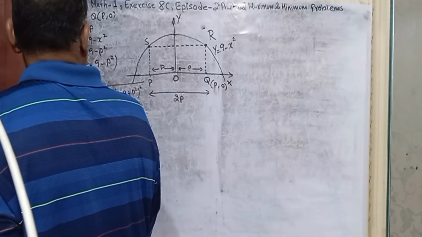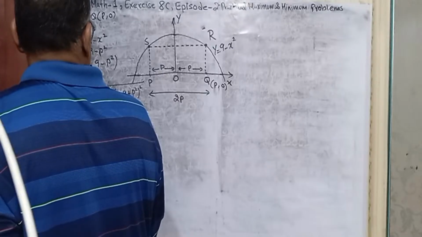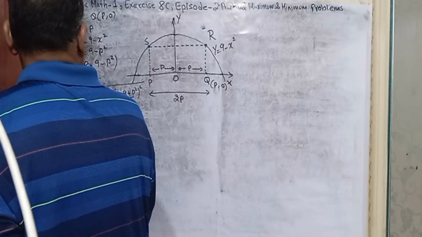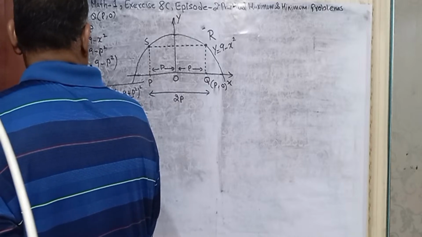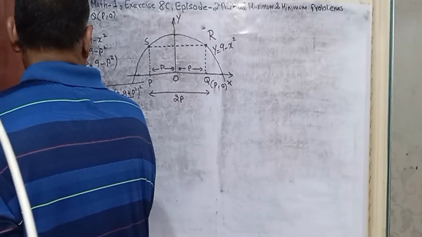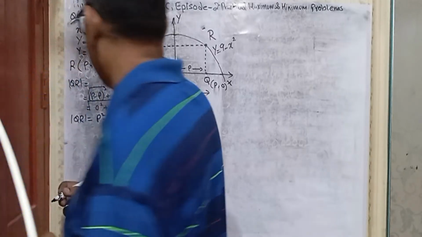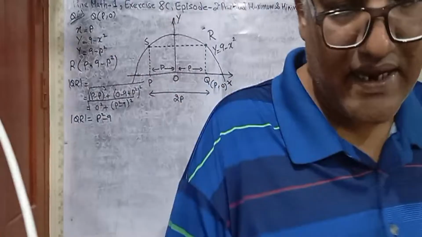So this will be the square root of 0 squared plus (p squared minus 9) whole squared. So this will basically be p squared minus 9. QR length will be p squared minus 9.